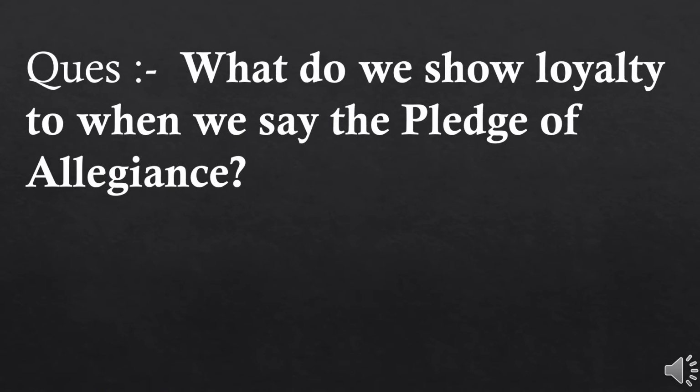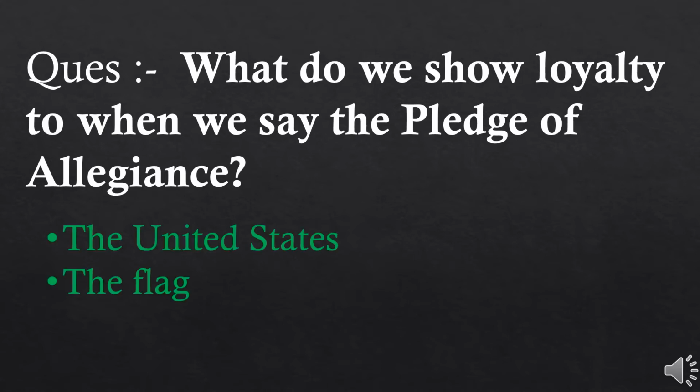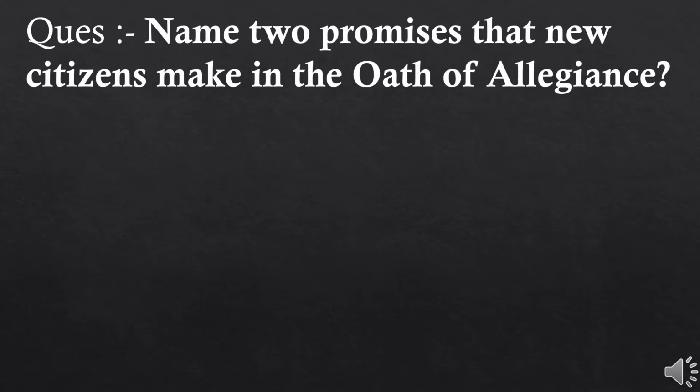Question 66. What do we show loyalty to when we say the Pledge of Allegiance? The United States. The flag. Question 67. Name 2 promises that new citizens make in the Oath of Allegiance.